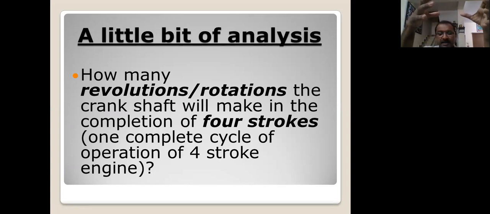In one complete cycle of operation in a cylinder, 4 strokes will be made by your piston. So in that time, how many revolutions will be made by your crankshaft?